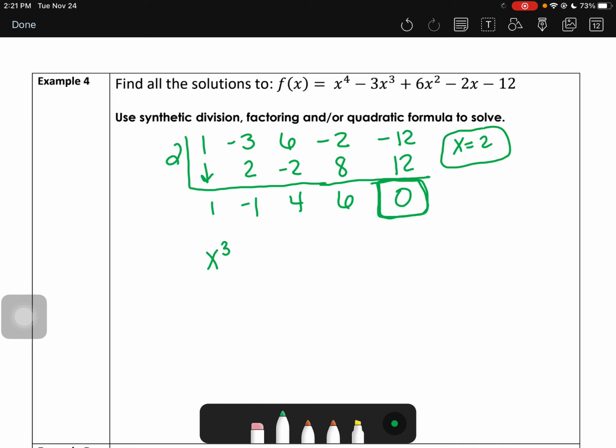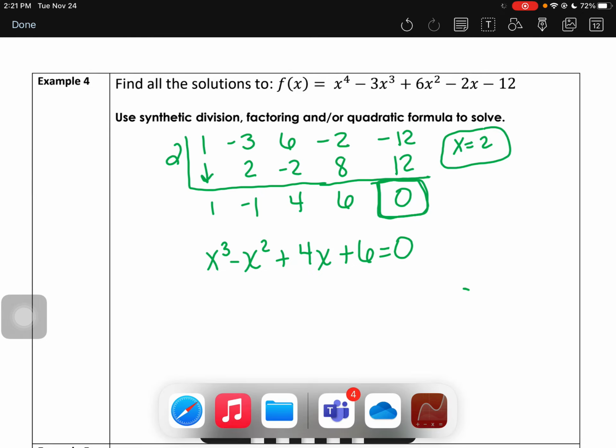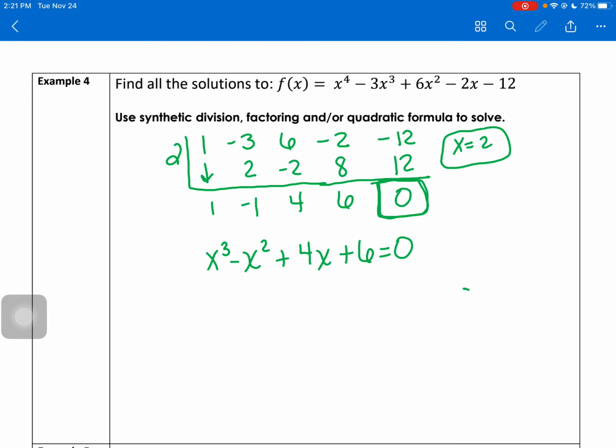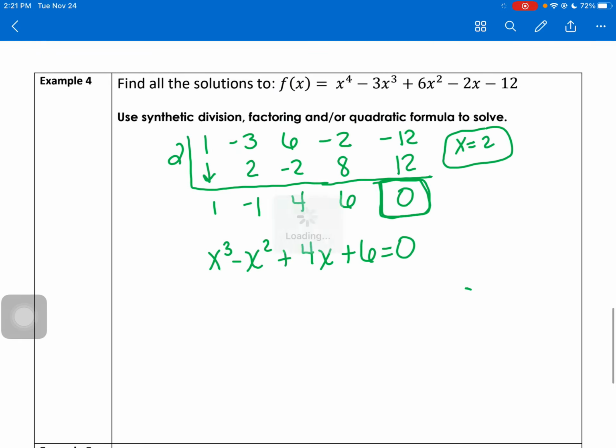So we have x cubed minus x squared plus 4x plus 6 is equal to 0. We also knew, if we look back at our graph, that -1 is a solution. So if you'd like to do that, we could do -1 as one of our solutions.